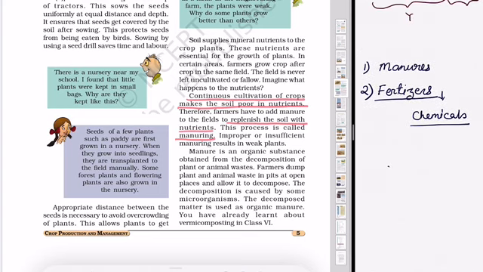Plants need mostly three major minerals, that are N, P and K. N means nitrogen, P is phosphorus and K is potassium.